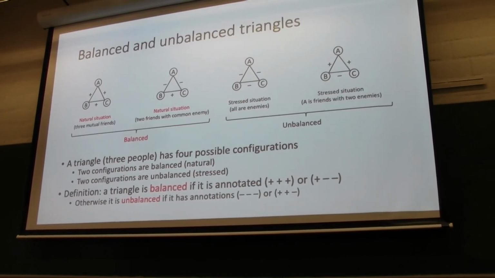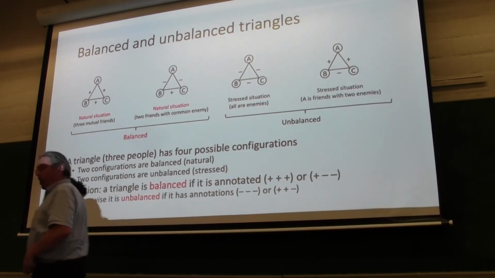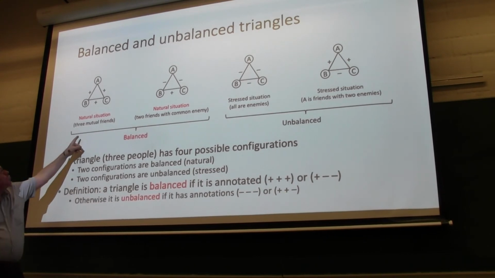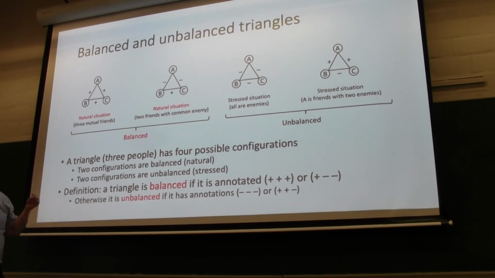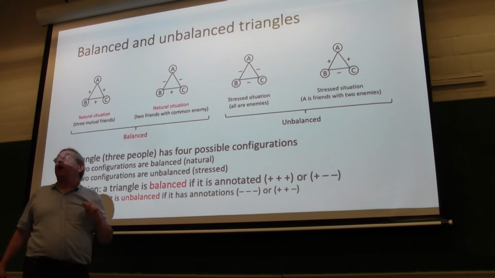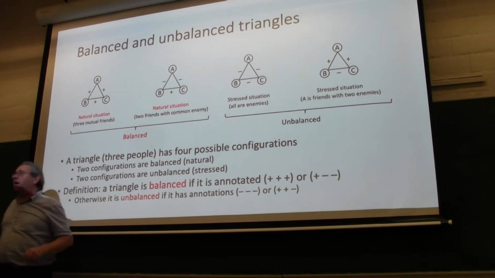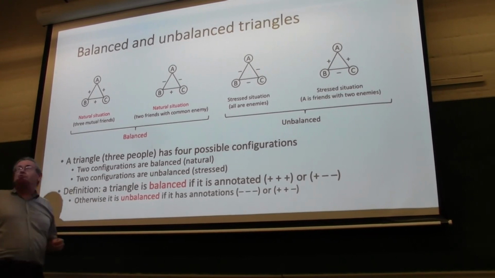It's all going to evolve towards removing the stress. So these triangles can be either stressed or not stressed. So here are the possibilities, as a triangle ABC. On the left I have a situation where I have three friends. A, B, C, plus, plus, plus. That's very nice and that's stable. Okay, in the middle, for the second one, B and C are friends, but they have a common enemy, A. B hates A's guts, and C also hates A's guts, and mutually.